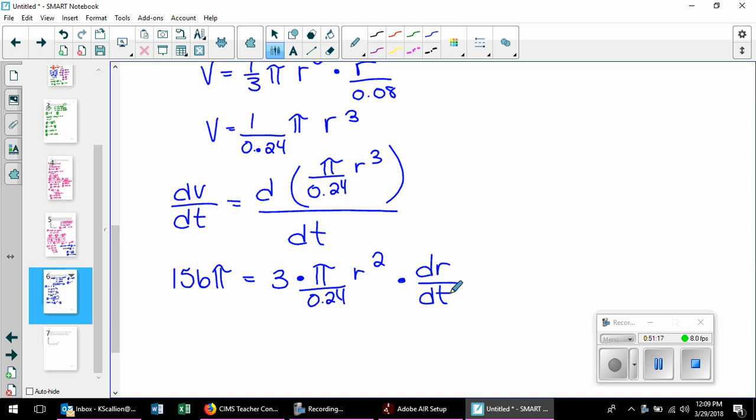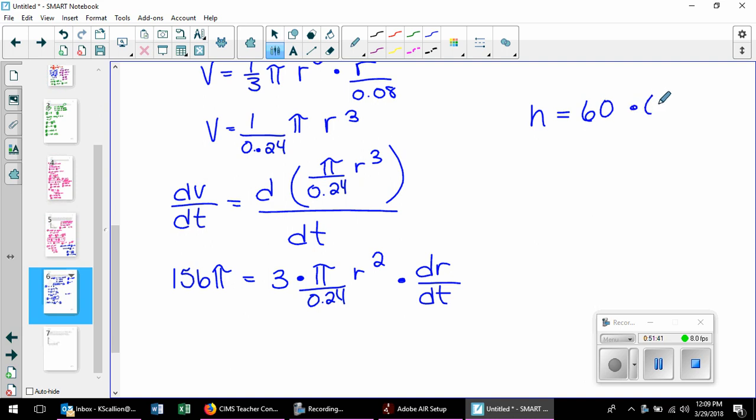So we are trying to find this. Do we know the radius? What is it? So we do know the radius because it told us we had a height of 60. And what do we have to do to that height?